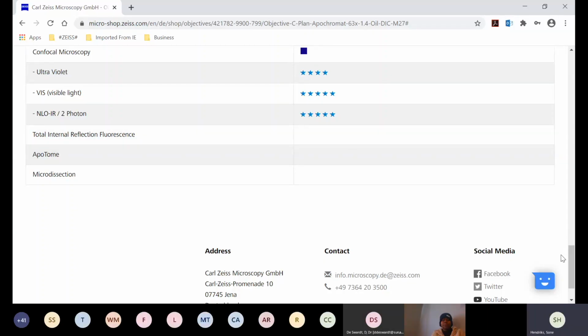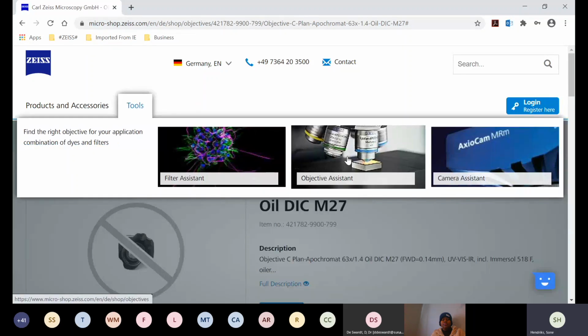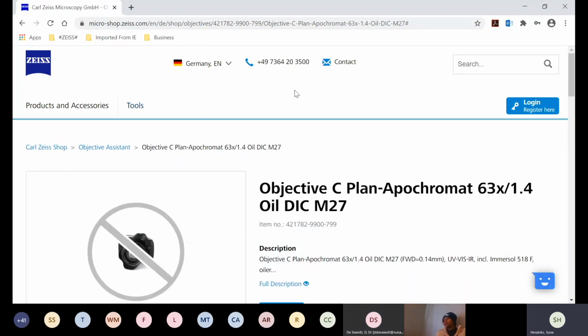Is my screen sharing? So if you go to our Carl Zeiss shop, or you can just search for the Zeiss Micro shop. It will take you typically to the German website, or any of the websites we have. If you go to tools, we have an objective assistant. And if you click on that, it allows you to search for any particular objective that you have on your system.